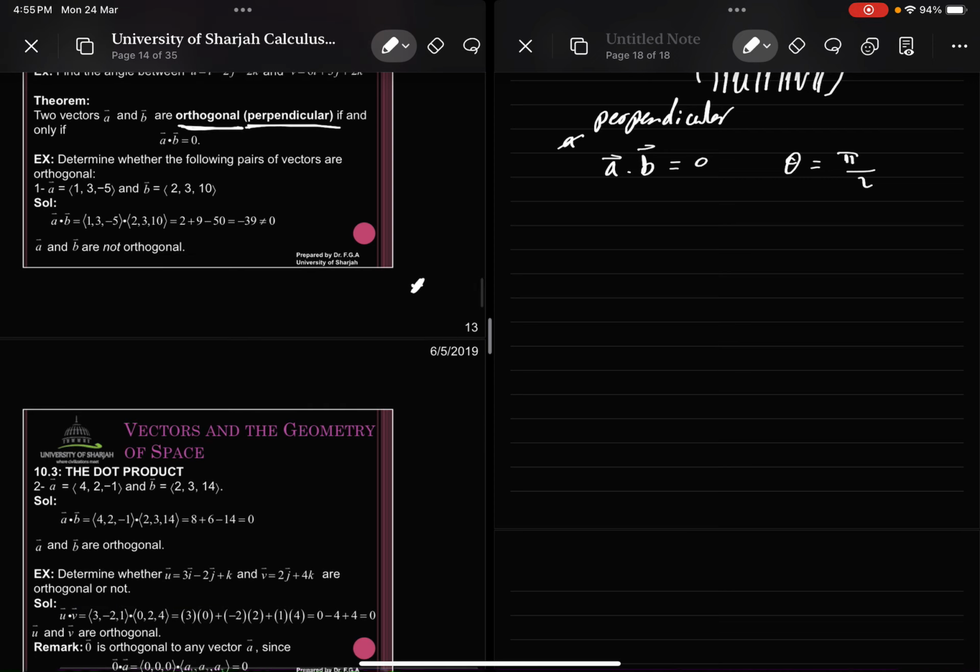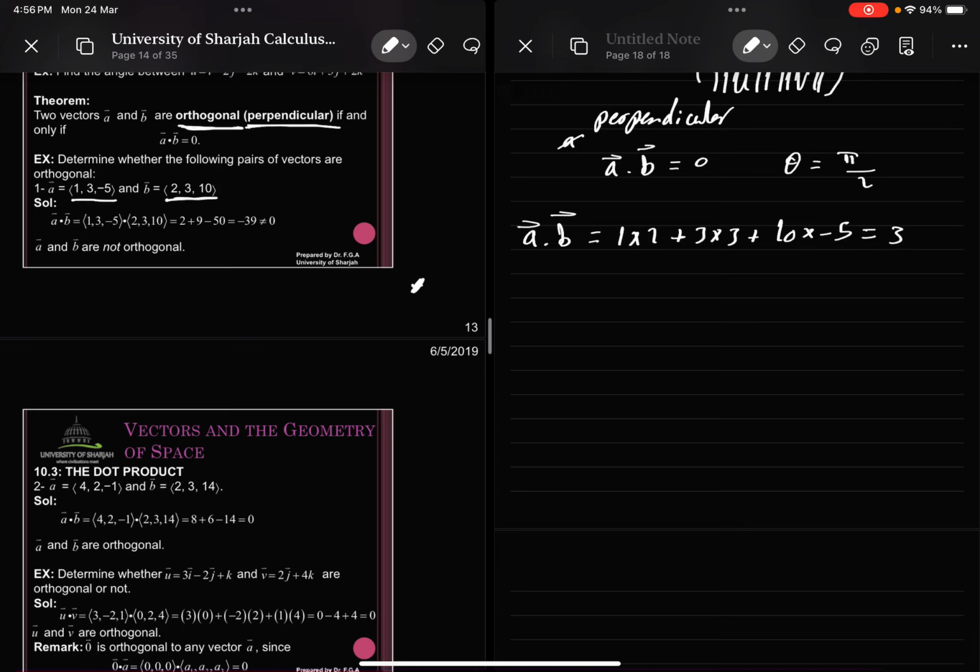And then the following, here he wants us to find if vector A and B are orthogonal to each other or not. We just do A dot B, A here is 1, 3, negative 5, B is 2, 3, 10. So 1 times 2 plus 3 times 3 plus 10 times negative 5.